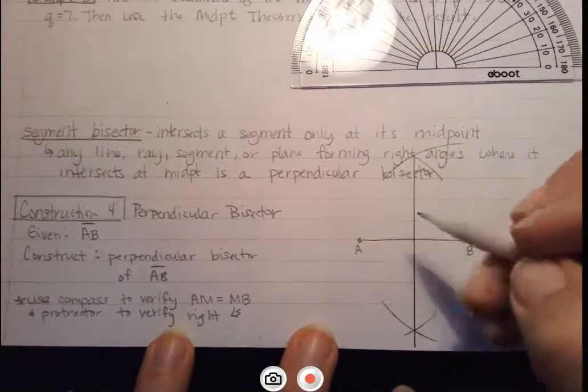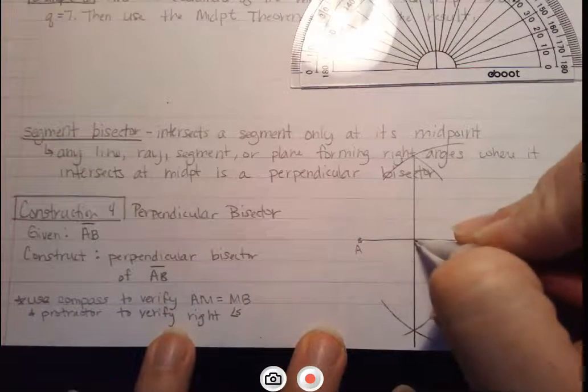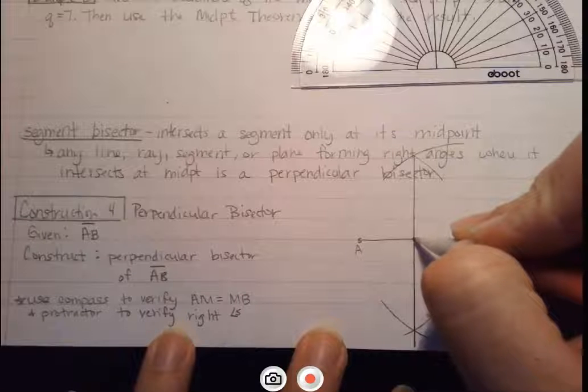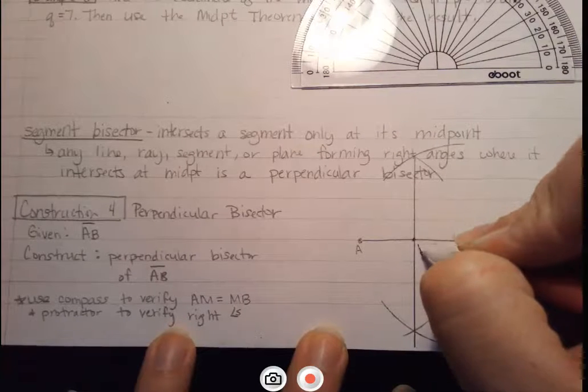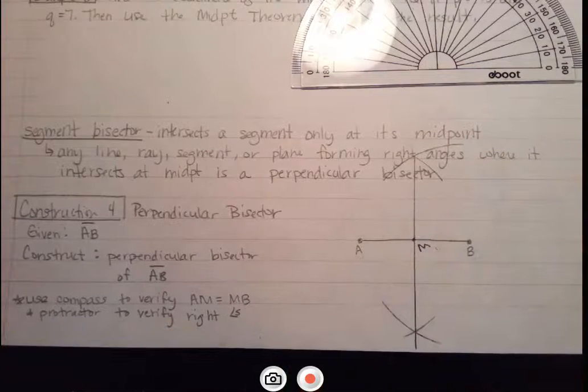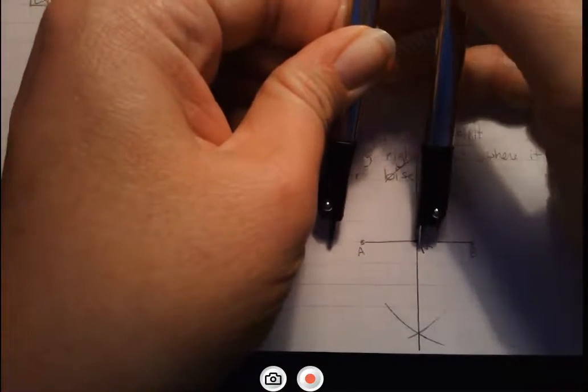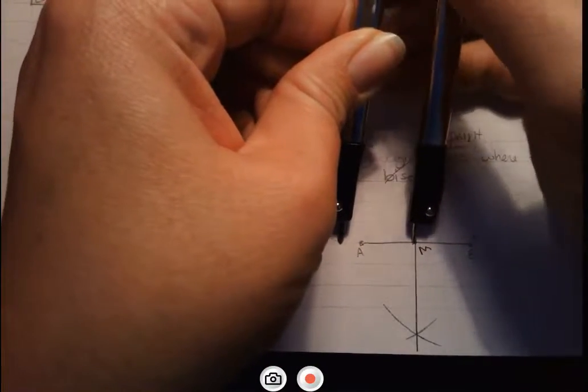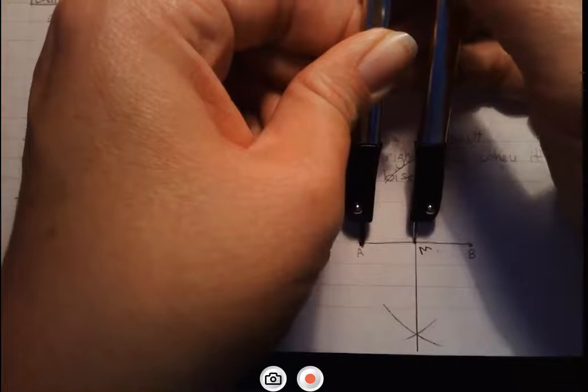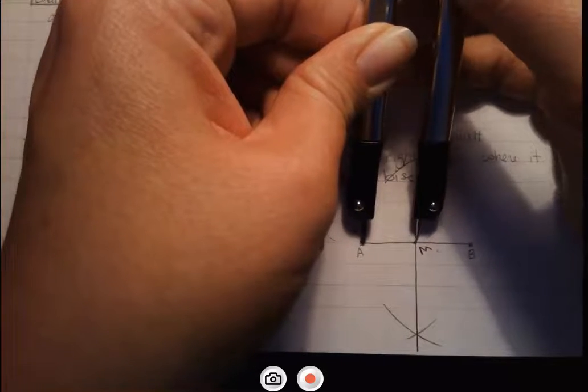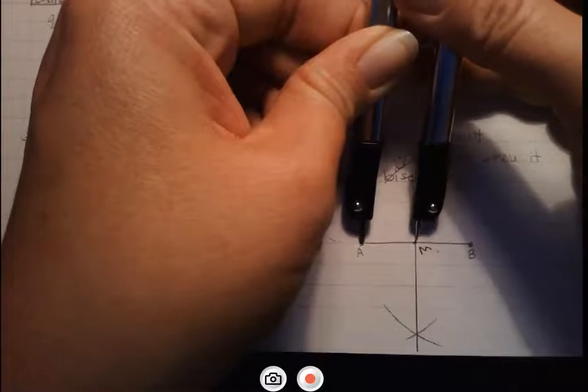And so it says to use a compass to, so this point right here, what is this point right here? The midpoint, M. All right, and it says to use your compass to verify that AM equals MB. So check that measurement. Whoops. Okay. Off, but you know, it is your first time.